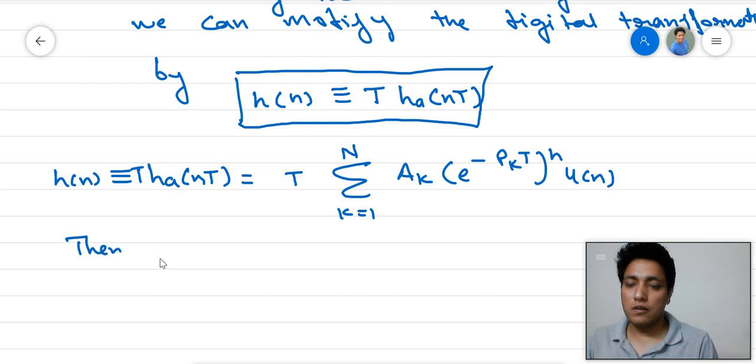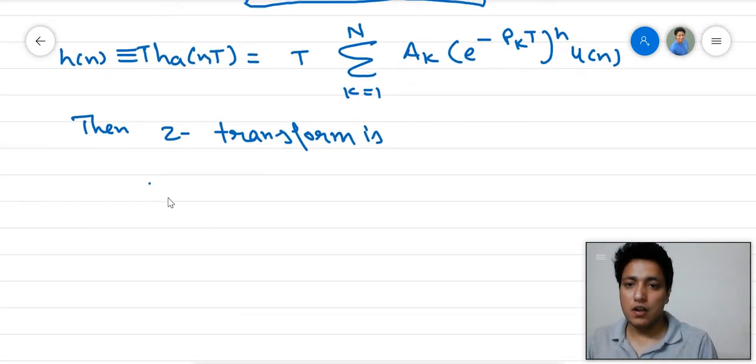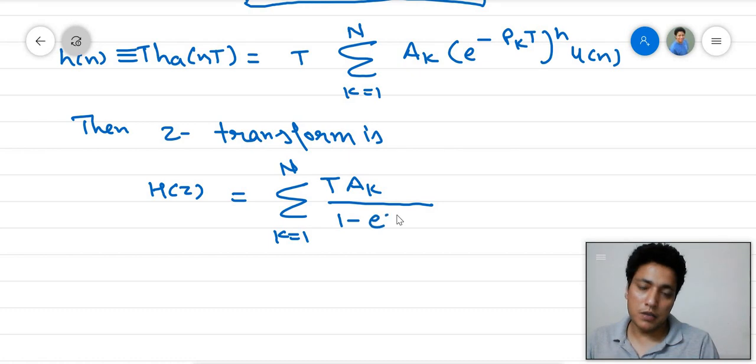Then the transform is hz equals to summation k equals to 1 to n ak t over 1 minus exponential minus pkt z inverse.